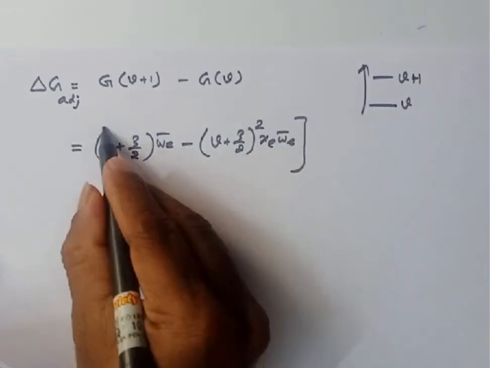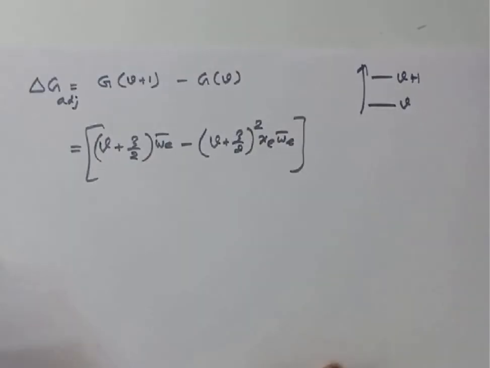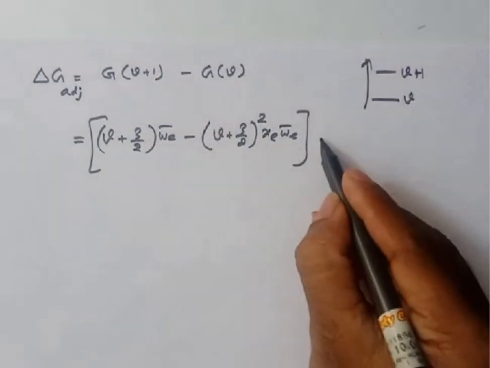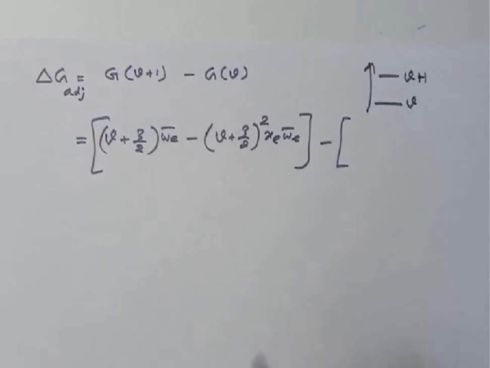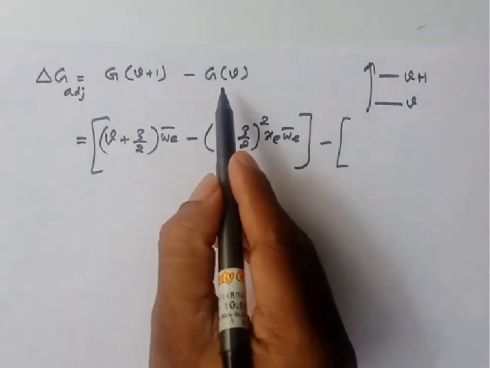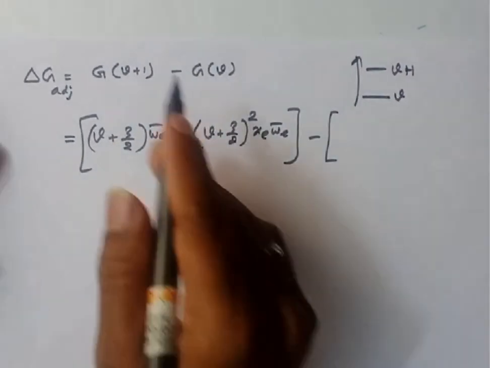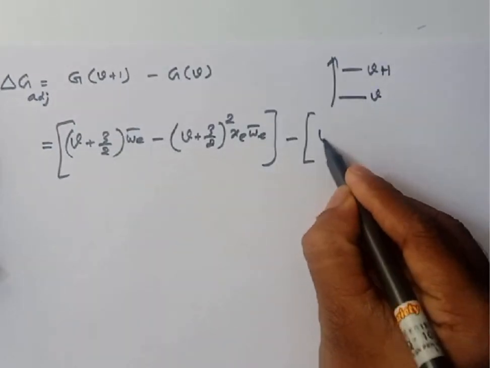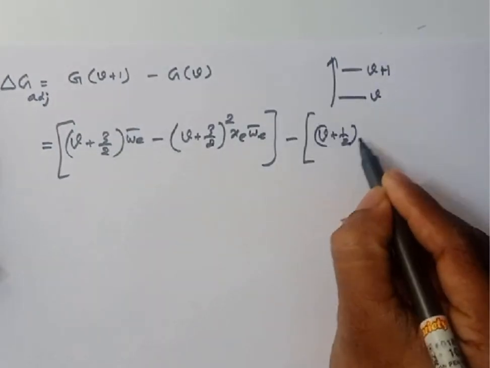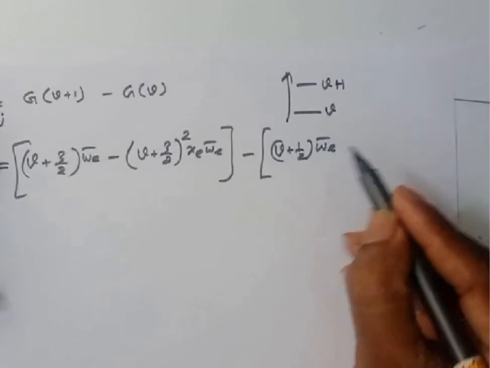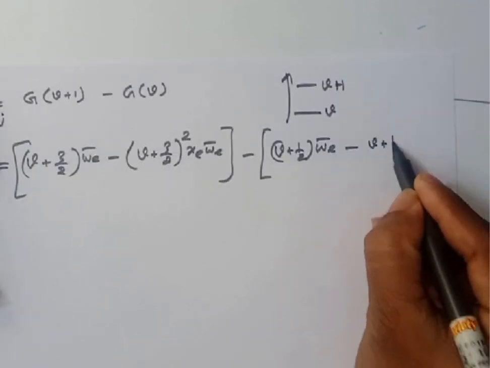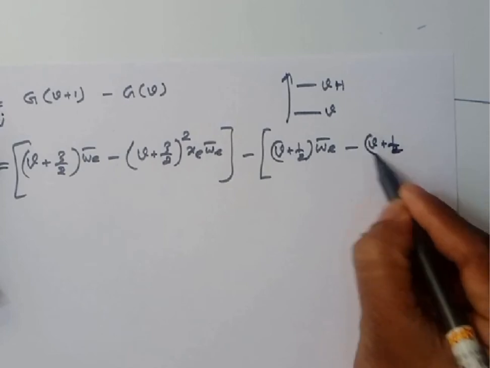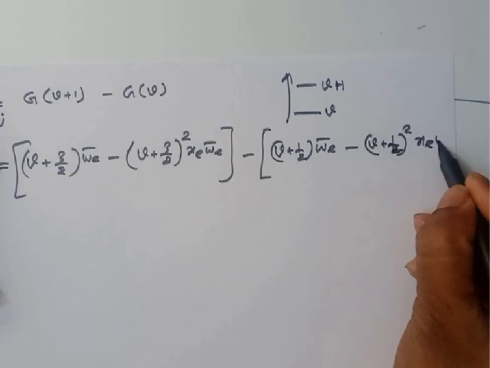This is the energy for the v plus 1 level. Minus the energy for the vth level; just write the formula as such: (v plus 1/2) omega_e bar minus (v plus 1/2) whole square xe omega_e bar.